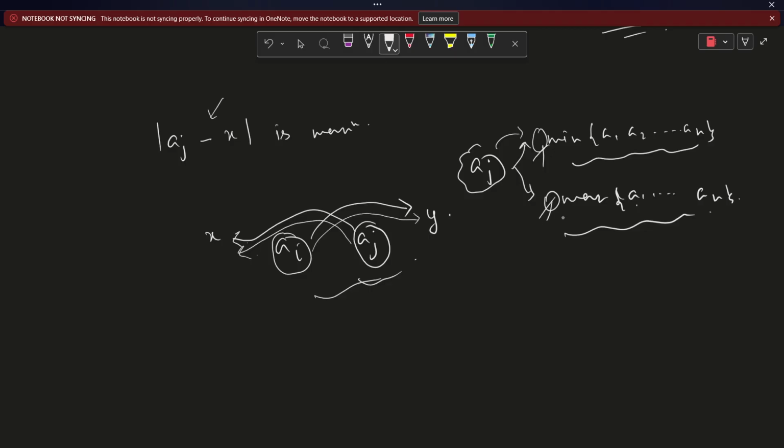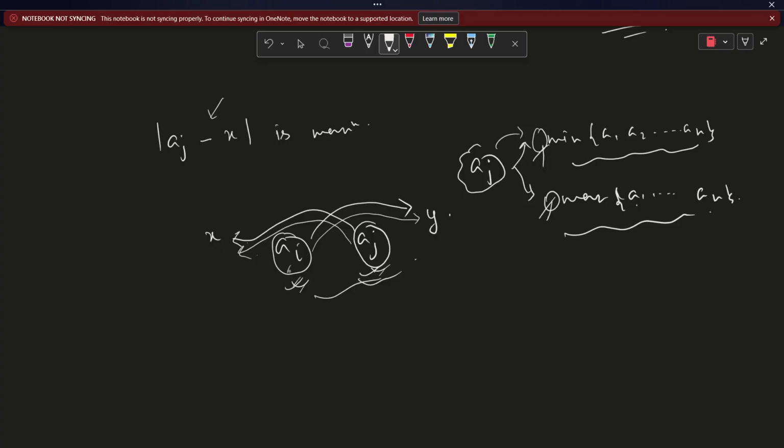In that case, let's say we want to swap the ith and jth elements. How are we going to swap them?